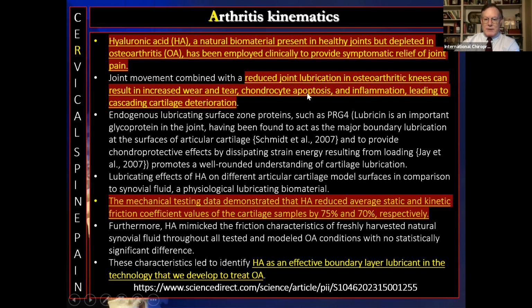And if these chondrocytes are abnormal, it makes them undergo apoptosis, organized cell death, so they can make some new healthy chondrocytes. You don't want these senile chondrocytes around. And hyaluronic acid reduces average static and kinetic friction by about 75 to 70%. It's an effective boundary layer lubricant, and that's what we're using to treat osteoarthritis.